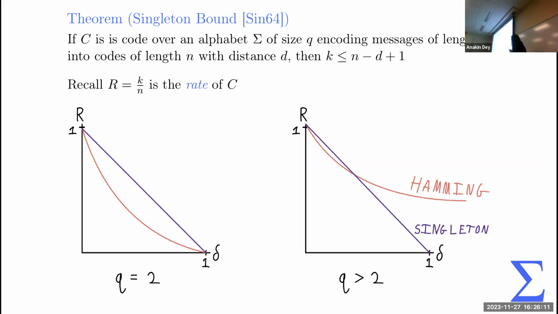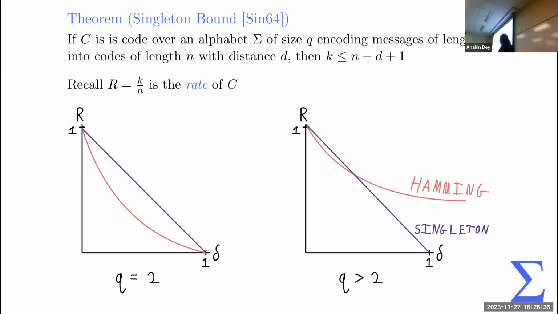The reason why we care about this relation is if you plot rate versus distance. Recall the rate is the length of the message divided by the length of the code word, right? So a rate of 1 means the code word is the length of the original message, and nothing really changed in terms of length.